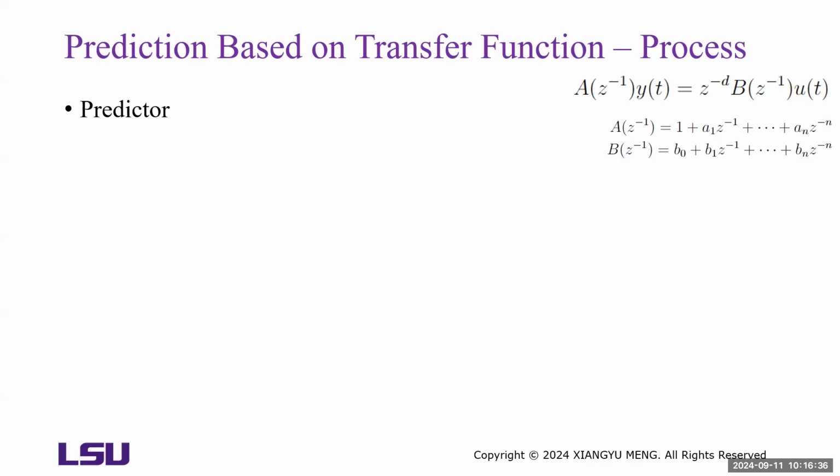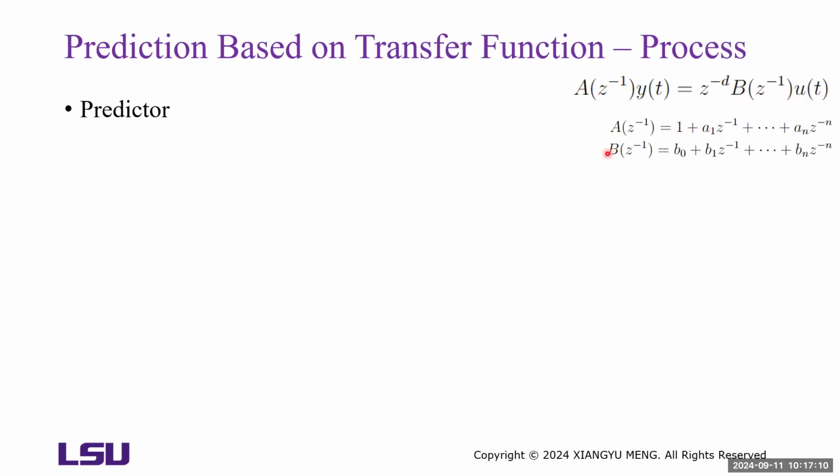In today's lecture, let's discuss how to predict the output based on the transfer function model. The transfer function is given by A(z^-1) y(t) = z^-d B(z^-1) u(t), where z to the power of negative d represents the time delay, so there will be d time steps of time delay.